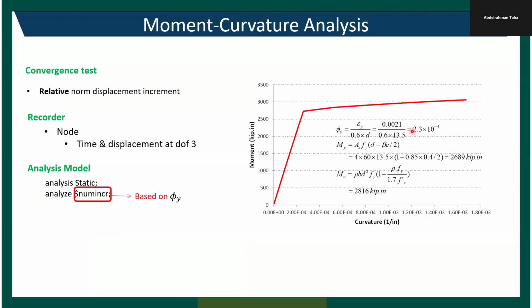So this gives us an empirical or code-based estimate of the yielding curvature. Using the same code-based equations, we can also estimate the yielding moment and ultimate moment, but we don't really need these values. All we need is the yielding curvature.